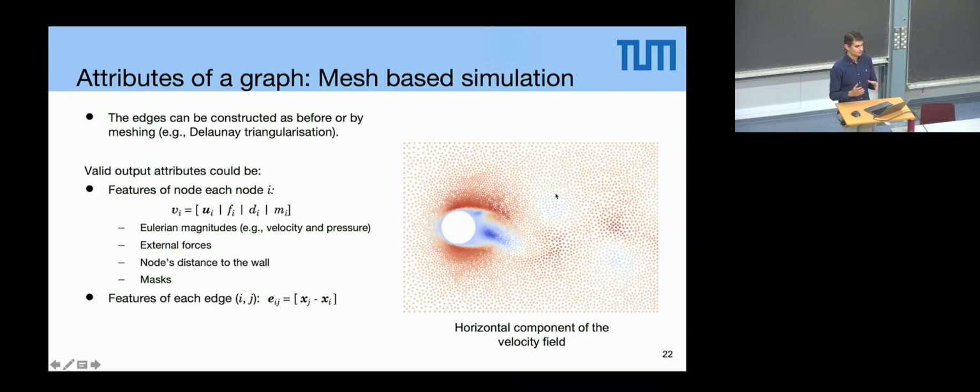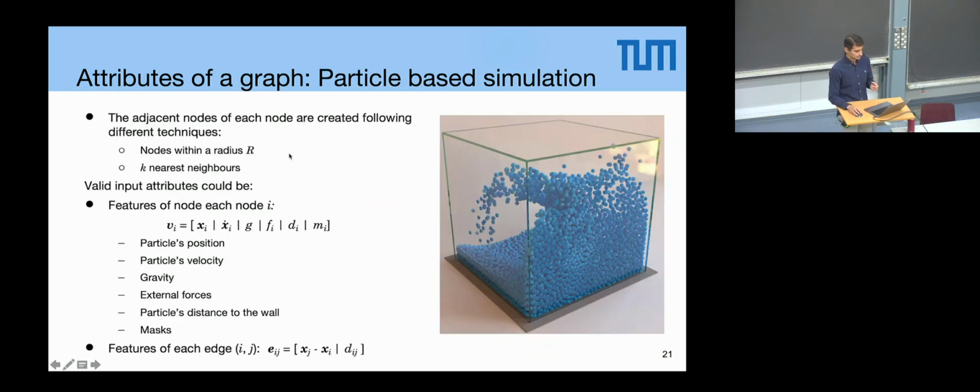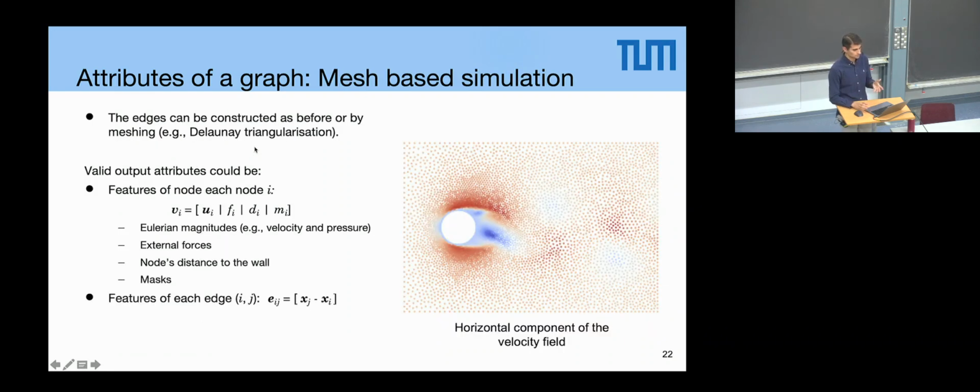But anyway, we have a mesh generated by some mesh generator software, and we can directly use the nodes and the edges provided by that mesh. We could also create new edges, so we preserve the nodes that we have before and we create new edges using the k-nearest neighbor algorithm or using a sphere of radius r as before, and that's not that important. And then, as before, we assign features to the nodes.